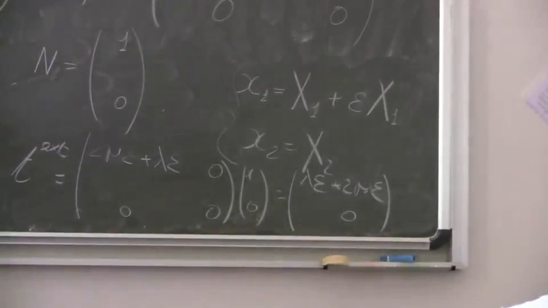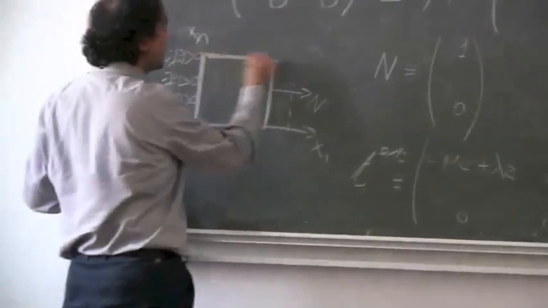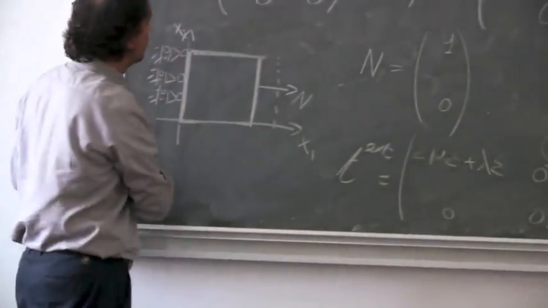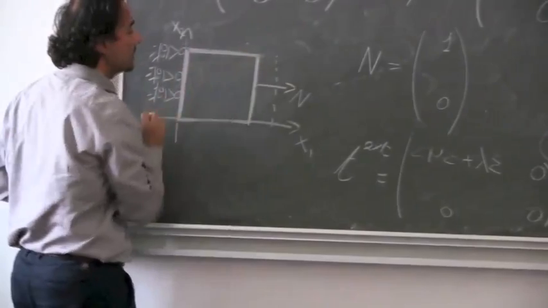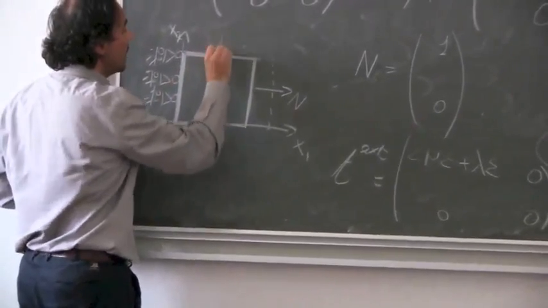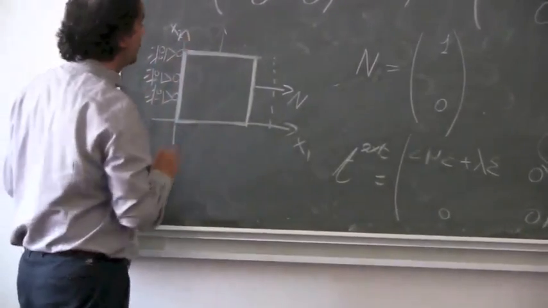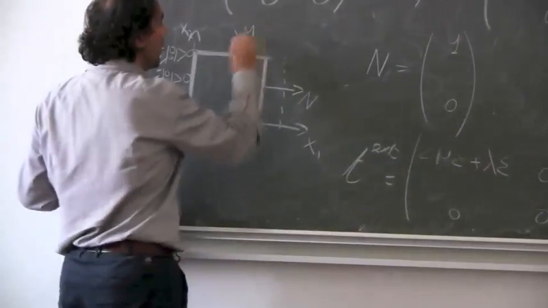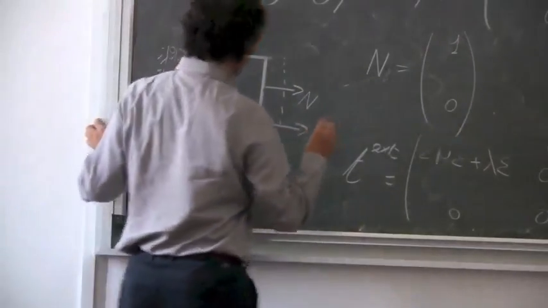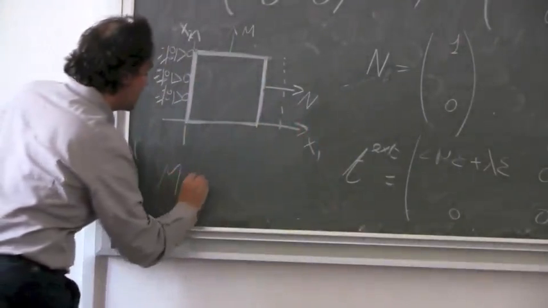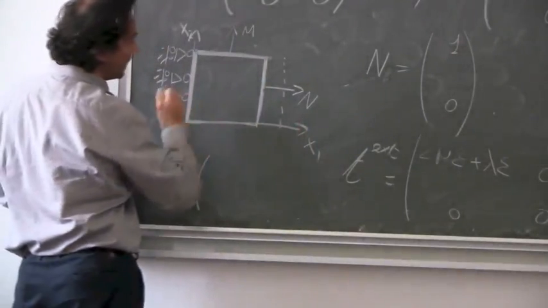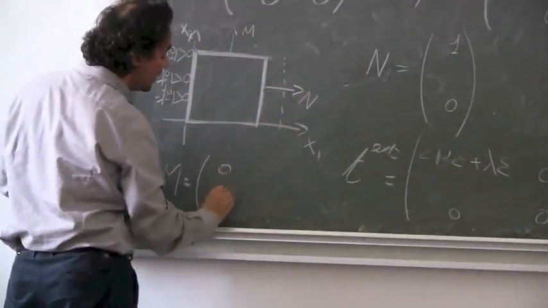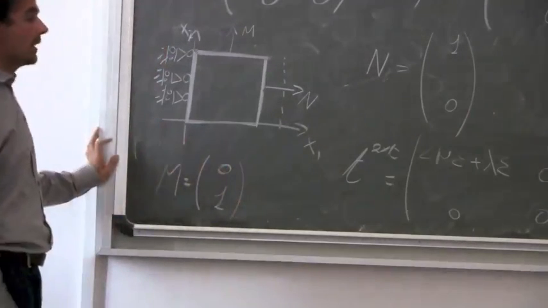Let us see now what is the force in this surface. In this surface, the normal is this one. Maybe I call it M. This M is equal to, in the x direction, the component is 0, in the y direction, the component is 1.